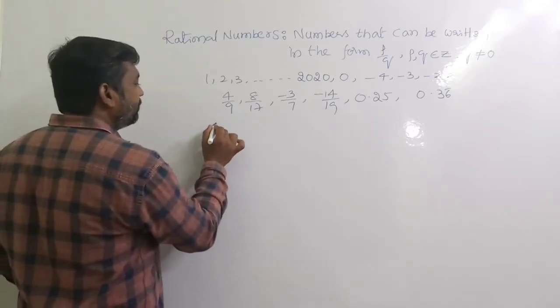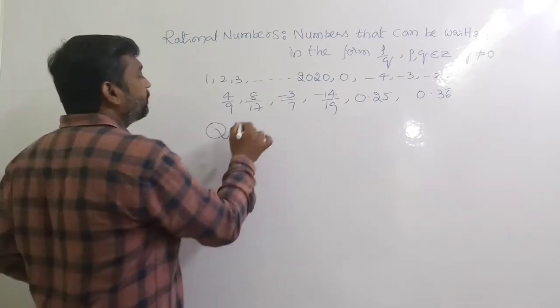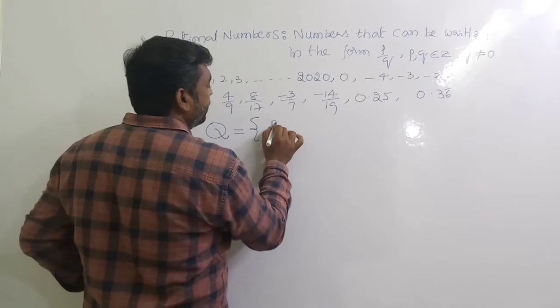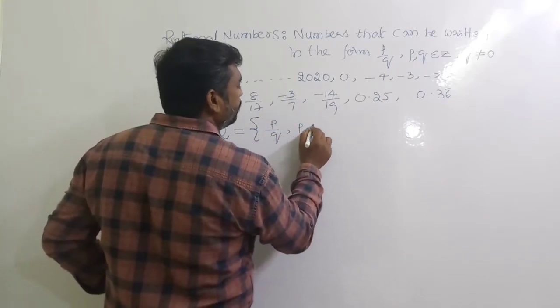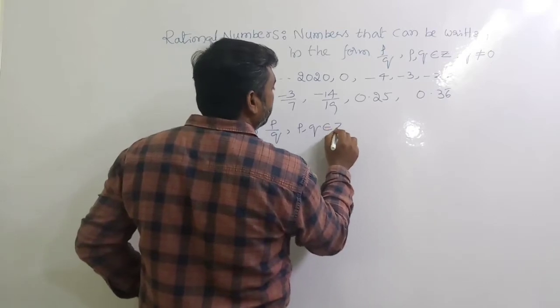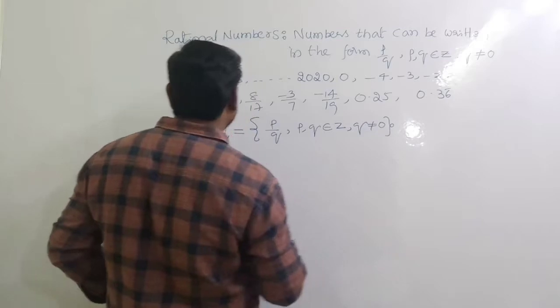The set of rational numbers is denoted by Q, the first letter of quotient, defined as numbers in the form p by q, where p and q are integers and q is not equal to 0.